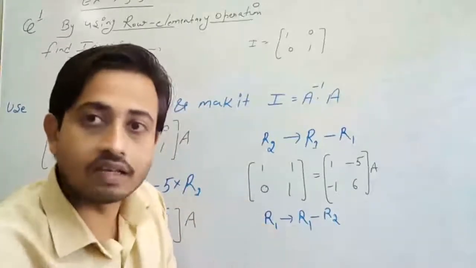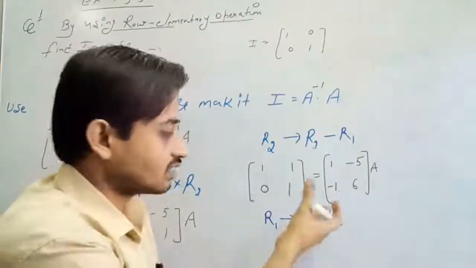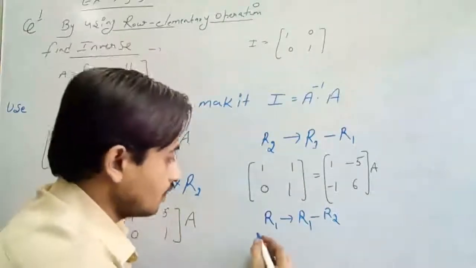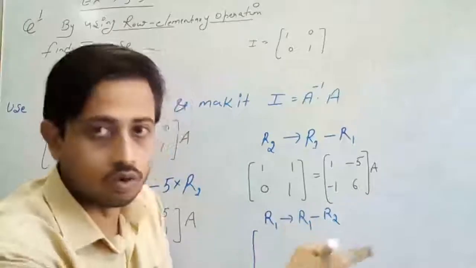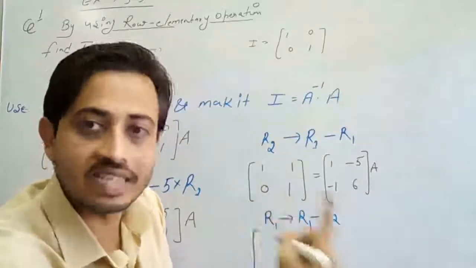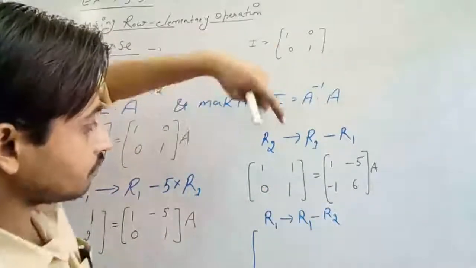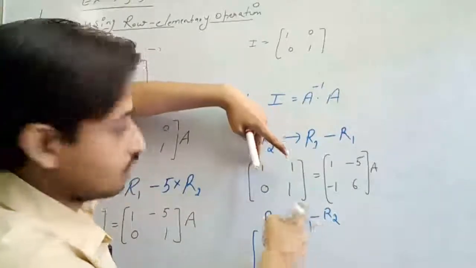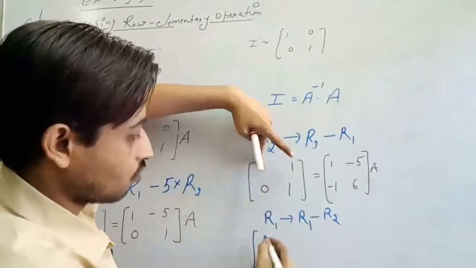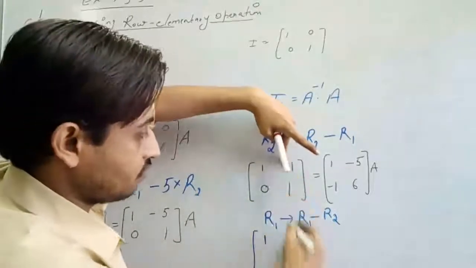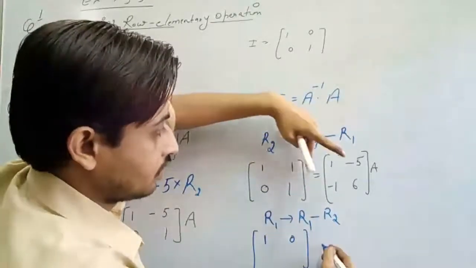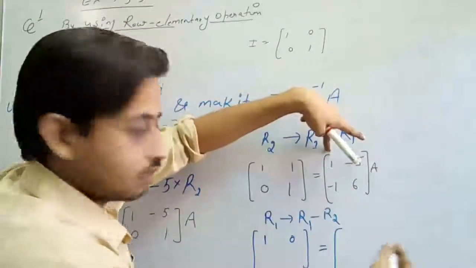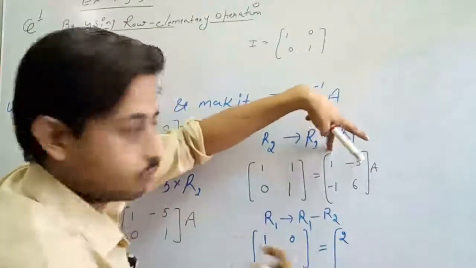Now you can try even faster, because such calculations can be done very quickly. I am solving directly, but you know what we have to do. Follow the steps. This is 1 minus 0, because we are subtracting: 1 minus 0 is 1. 1 minus 1 is 0. 1 minus minus 1 becomes 2.